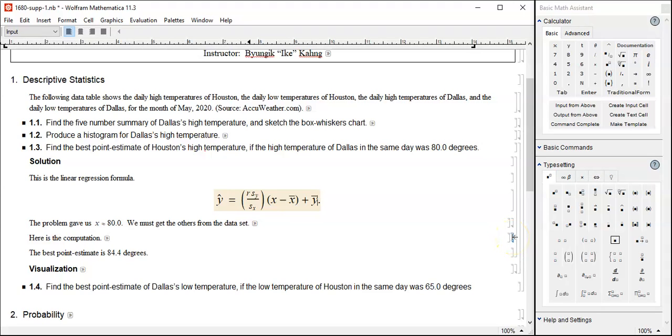Now, a lot of students make a mistake, it's not really a silly mistake, as a matter of fact, it's a significant mistake, and misplace these characters. Plug in Houston high in place of x bar and so on. In that case, I can just give you 0 credit.